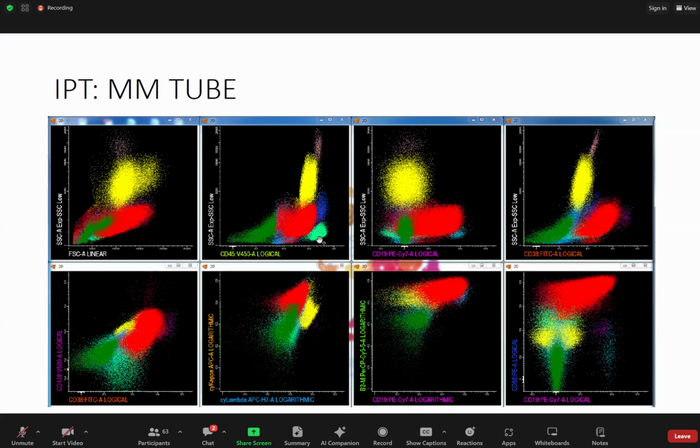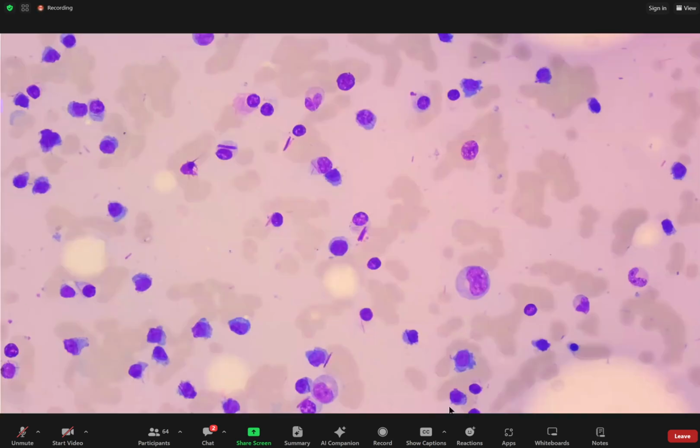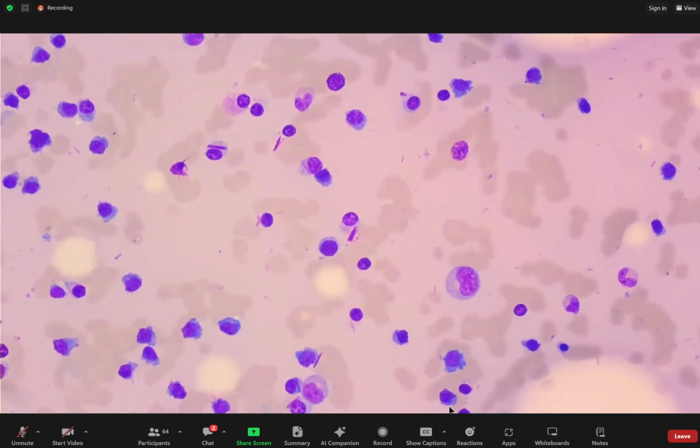But here it is CD45 intermediate. And the CD56 and beta-2 microglobulin are also positive. So, correlating with the morphology, a lot of plasma cells and also inclusion bodies, initially I thought this was multiple myeloma.